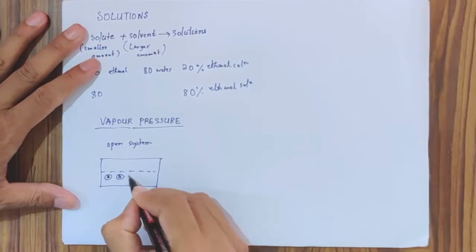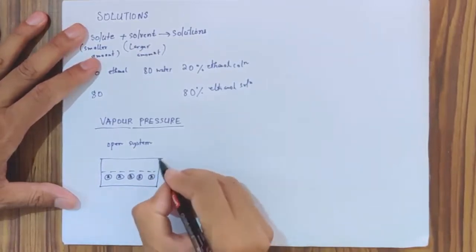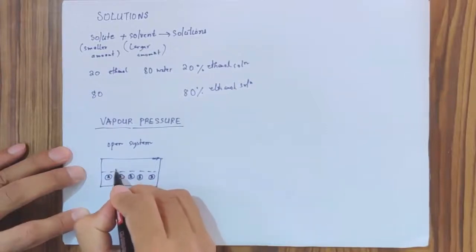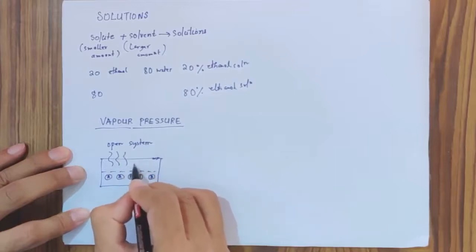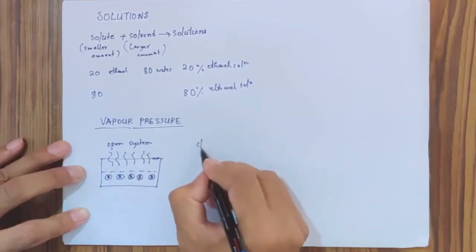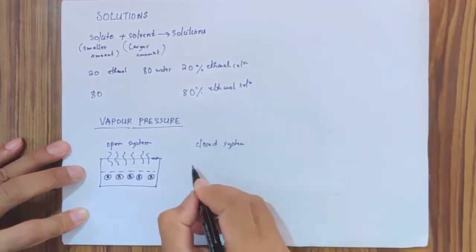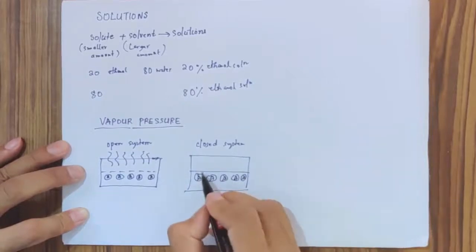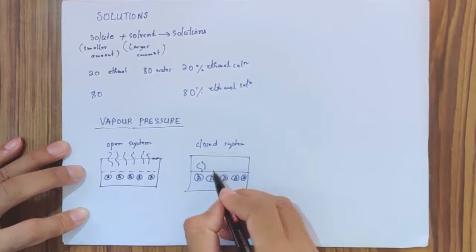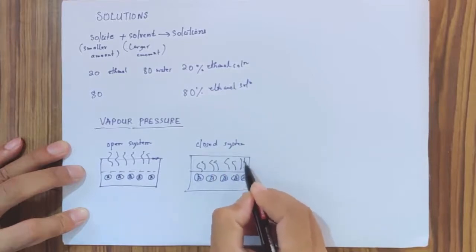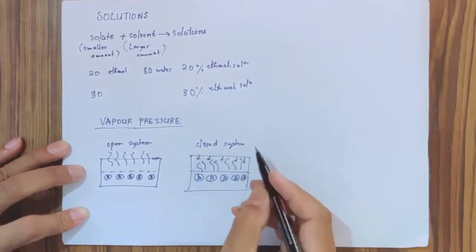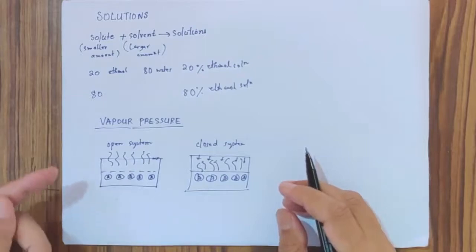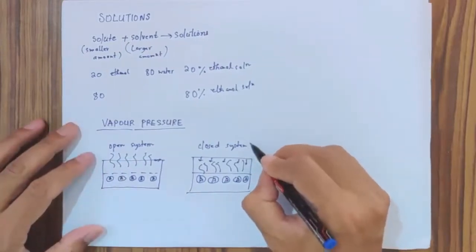These are molecules or atoms of the solution. They can evaporate. This is an open system. Then there is a closed system. In a closed system, the molecules that evaporate cannot escape, and they create pressure. Whenever we say vapor pressure, he is referring to a closed system.